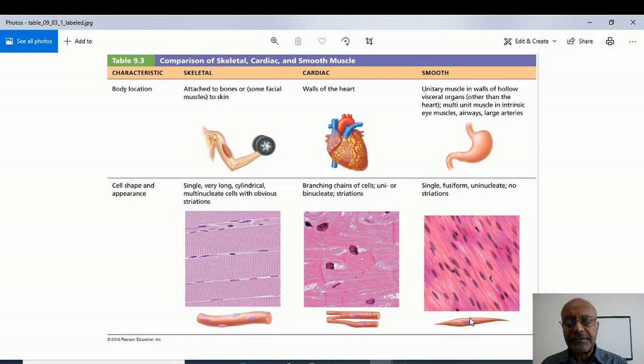So, what's the difference between these three types of muscle tissues? Do you notice that the skeletal muscle tissue has a striped appearance? Do you see the tiny lines? On a magnified picture, these lines will be really visible and prominent. This striped appearance is due to the special structure of skeletal muscle.